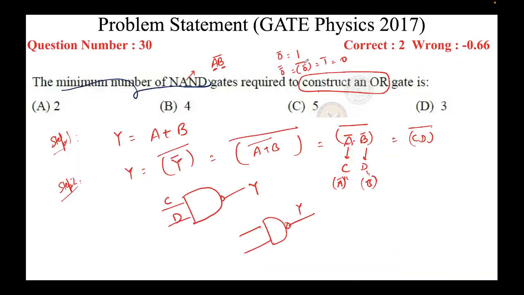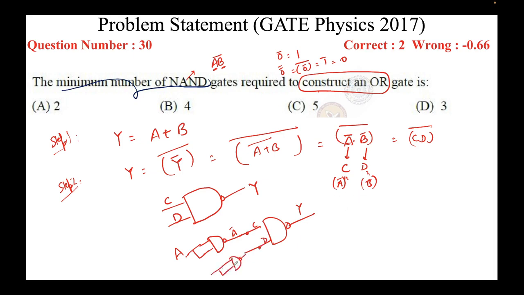So what will this give me? This will give me a bar, which is C here. Remember this is D, and D is b bar. So I can again get this b bar just from a NAND gate.